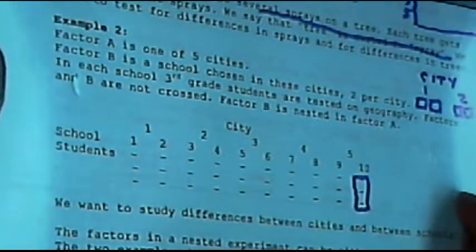So those numbers would be higher than 3. So the overall question is, on this geography test business that we're talking about, is there any difference between the cities? Or are they essentially equal? Or are there any differences between the schools?